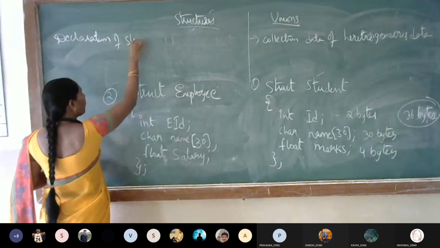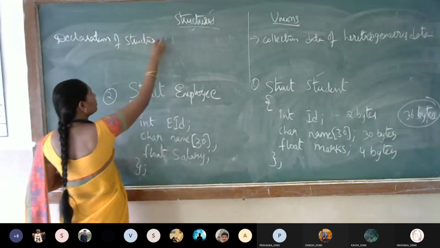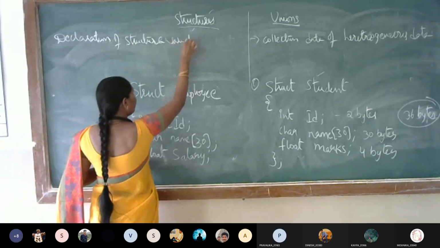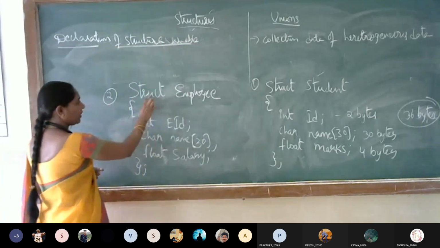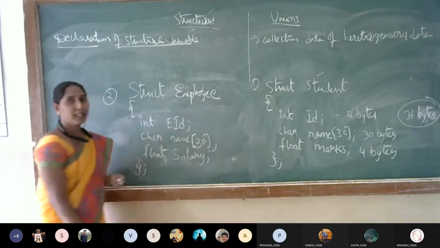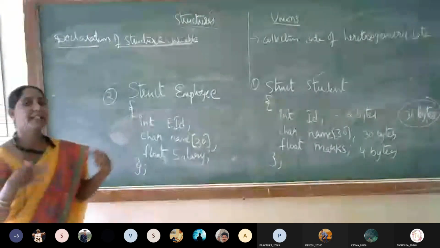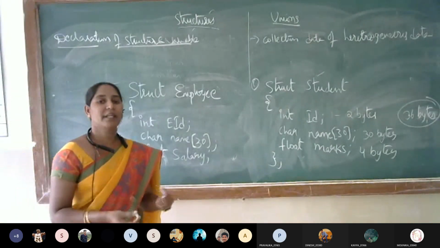Declaration of structure variable. If I want to declare a structure variable, first I need to specify struct, then I need to specify the name of the structure, and then I need to specify how many variables I want to use.